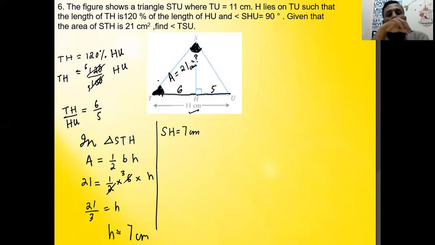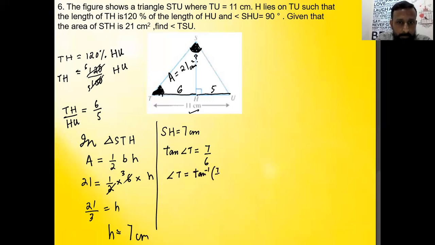We have the opposite side, we have the adjacent side, so we can apply tangent of this angle T. Tangent of this angle T is equal to opposite upon adjacent. The opposite is 7, adjacent is 6. So finally, tangent inverse 7 over 6.